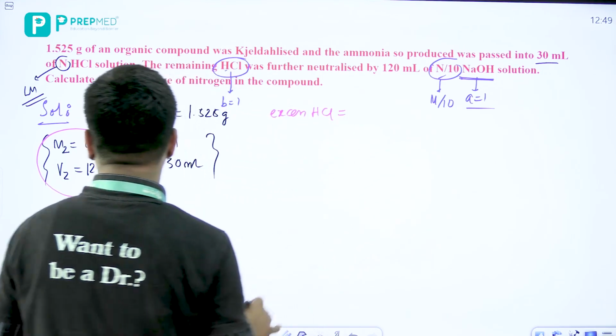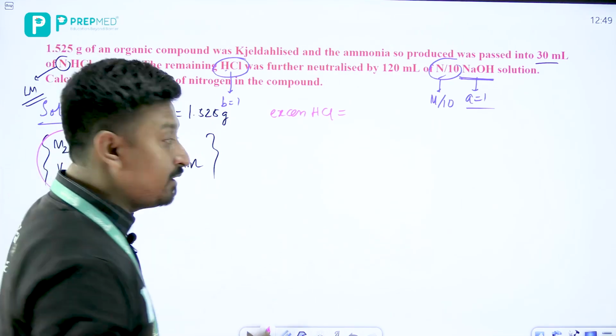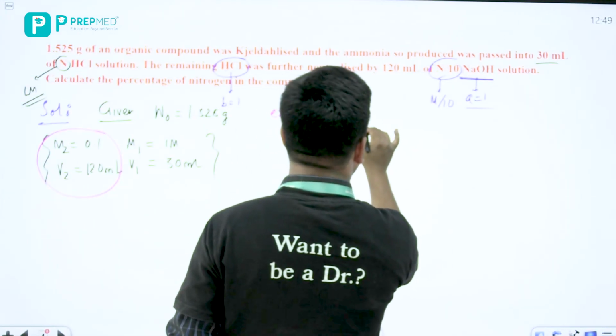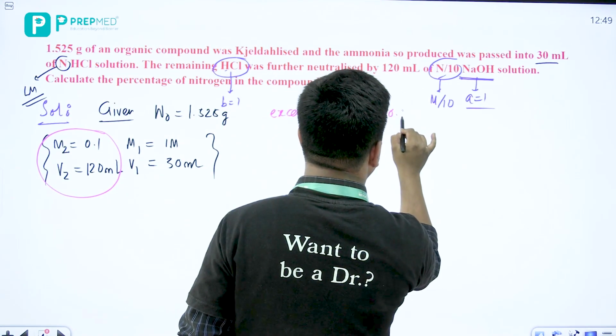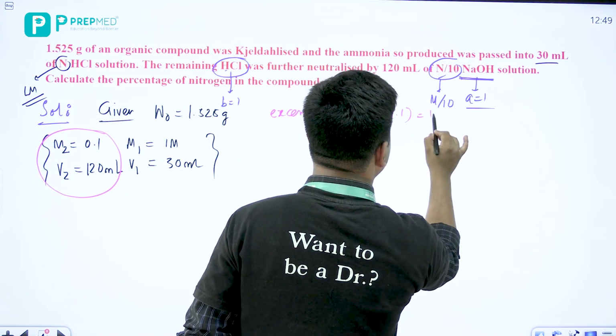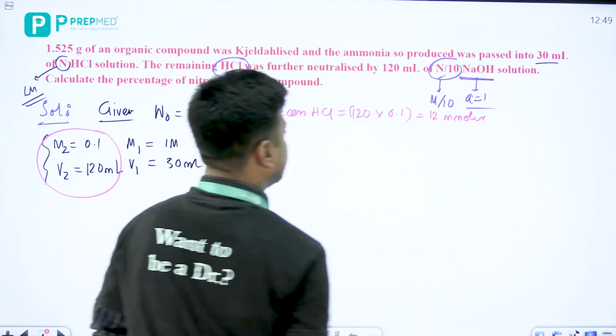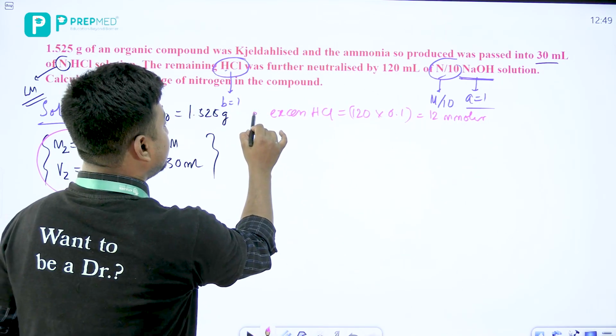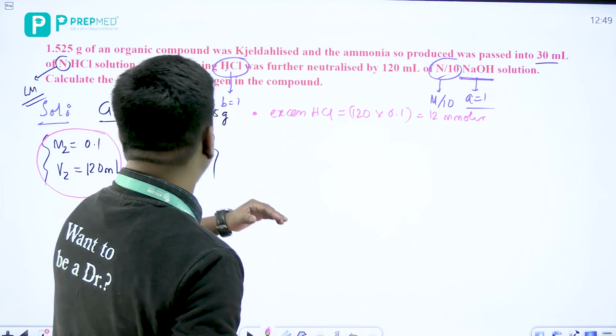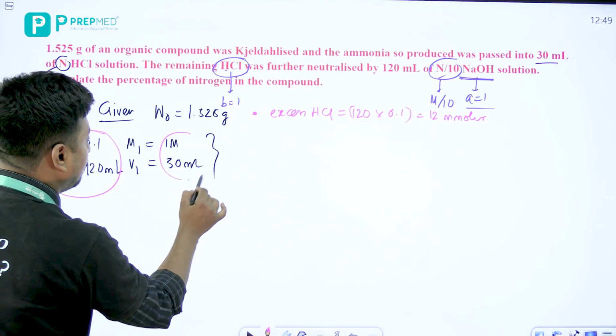Okay, and that is basically equal to the total amount of sodium hydroxide consumed, that is 120 multiplied by 0.1, that is your 12 millimoles. 12 millimoles, correct?